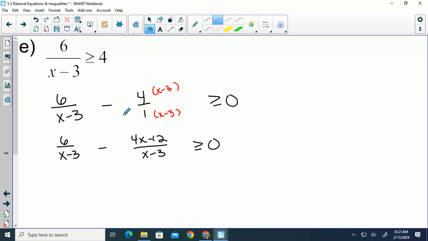Since I'm subtracting, I need to distribute that negative. Plus 12. Right, so we get negative 4x plus 18 over x minus 3 greater than or equal to 0. Do we agree with that part?